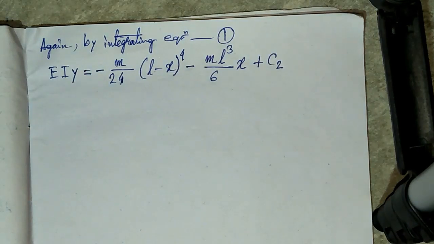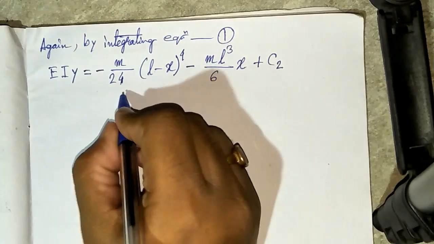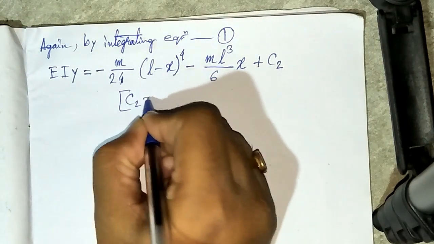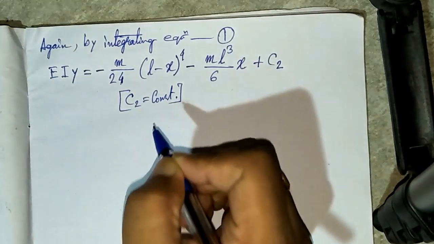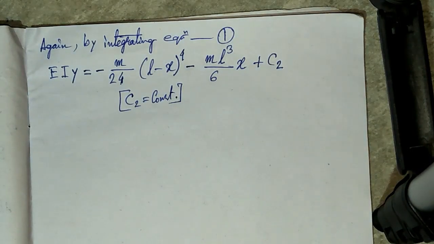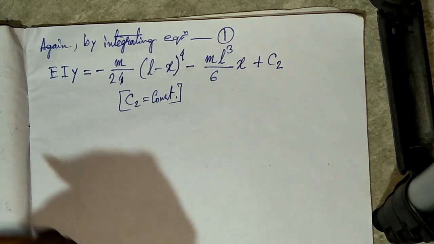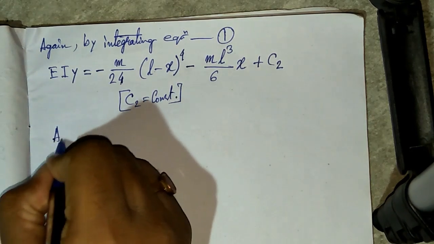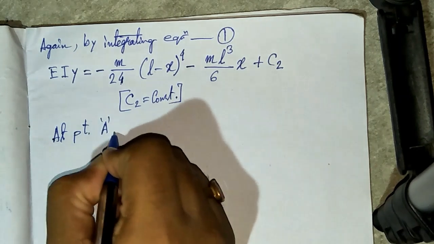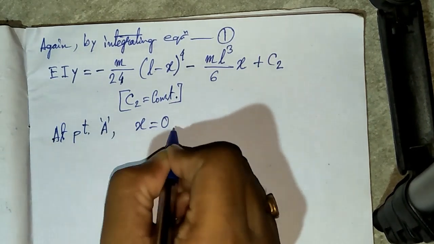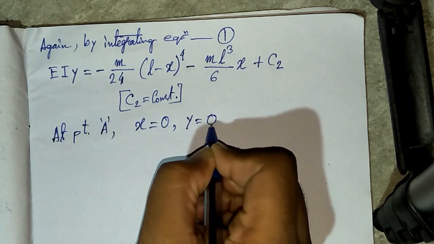Here c2 is the integration constant. At point A, x is 0 and the deflection y is also 0.